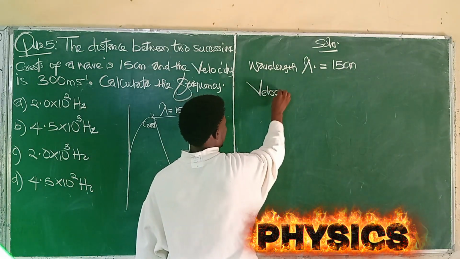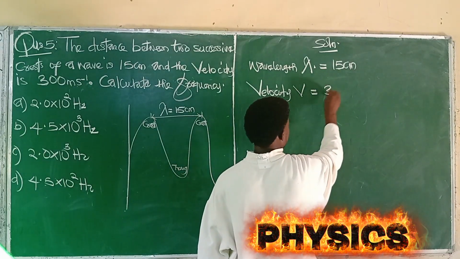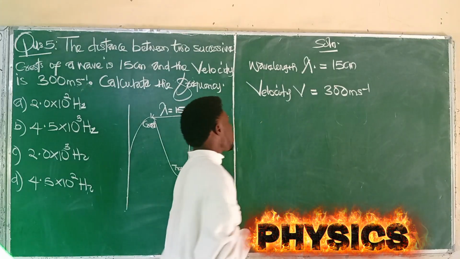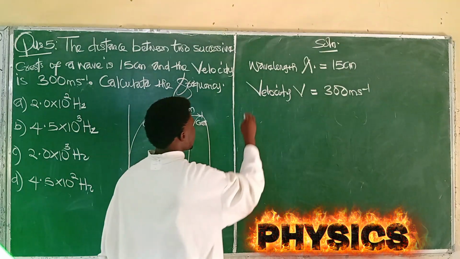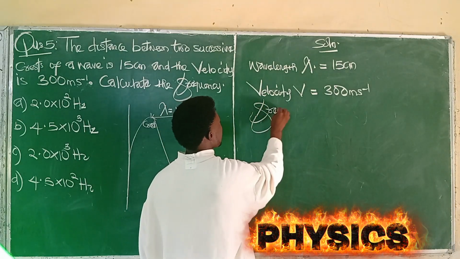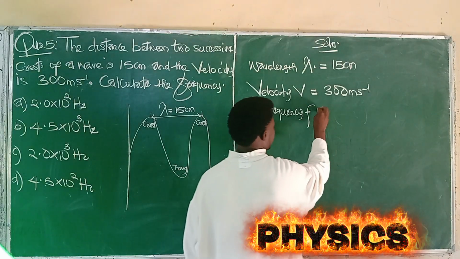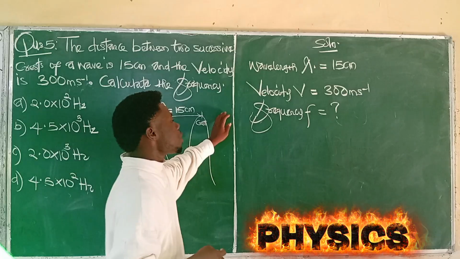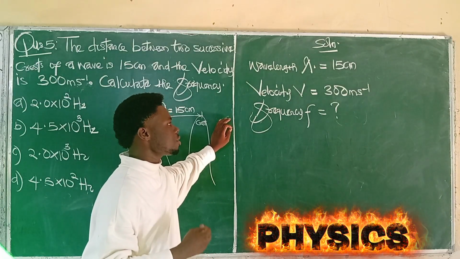Velocity V is given as 300 meters per second. The next parameter on the board is the frequency, which is the required quantity. So the frequency F is unknown.